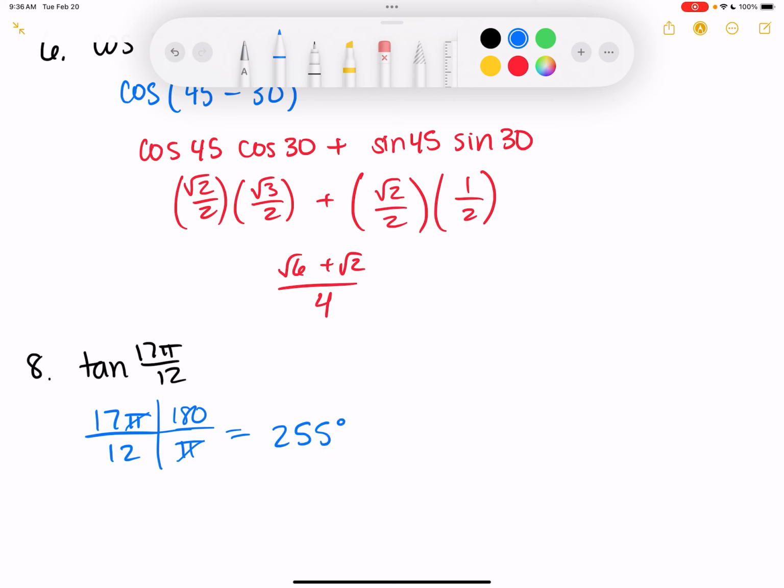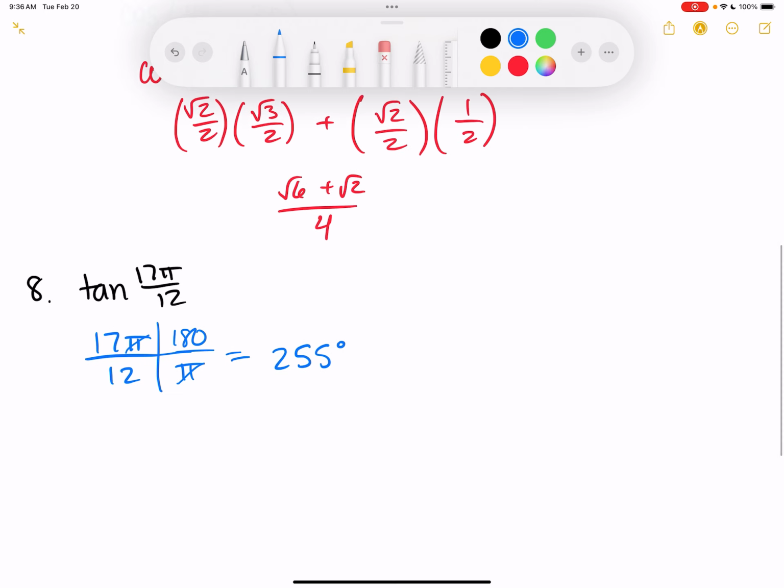So now 255 is not directly on the unit circle, so I need to get two angles that add or subtract. You can choose whichever one you want to give me 255. 210 and 45.